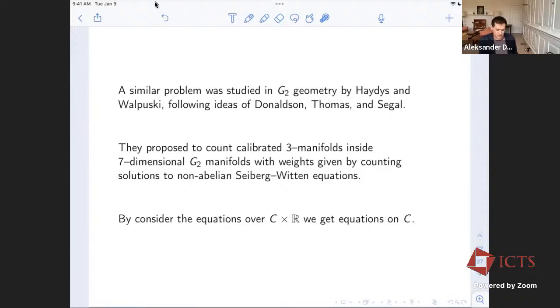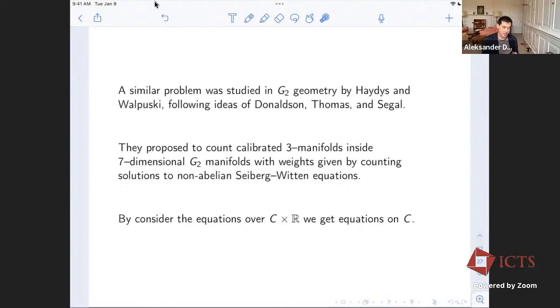And then when you try to understand the degenerations of such manifolds, you run into a similar problem that we found, that the count of embedded 3-dimensional submanifolds is not going to be invariant because of various collapses. And then Haydys and Walpuski proposed that you could, instead of just counting the 3-dimensional submanifolds, count them together with some weights, which themselves are counts of certain non-abelian Seiberg-Witten equations.